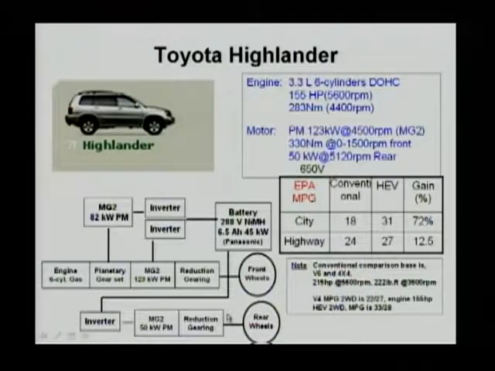Of course, it's partly due to the fact that this is an SUV, much heavier, much bigger. But on the other hand, Toyota claims that this is a muscle hybrid, which means they're focusing on the drivability and the performance of the vehicle, other than the fuel economy, even though you do get better fuel economy from this vehicle.